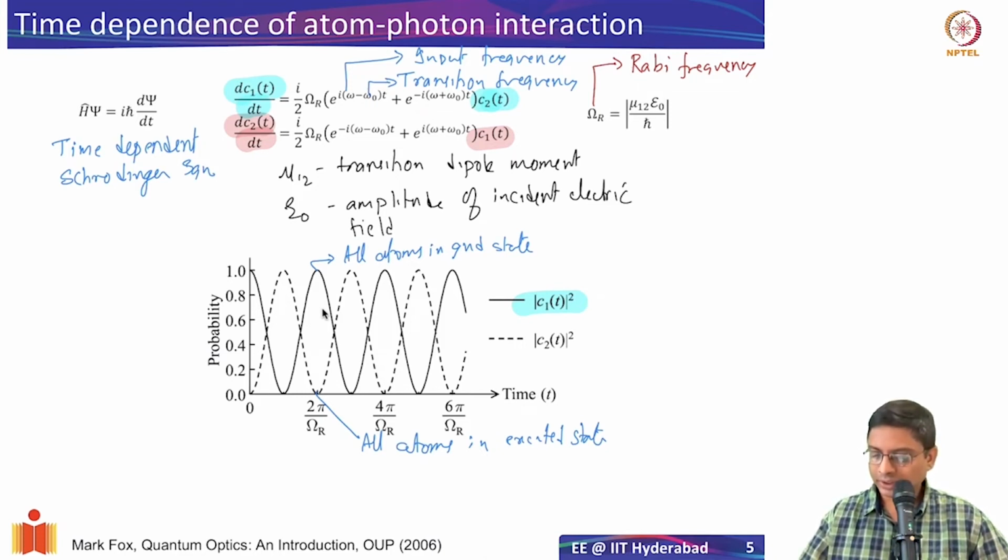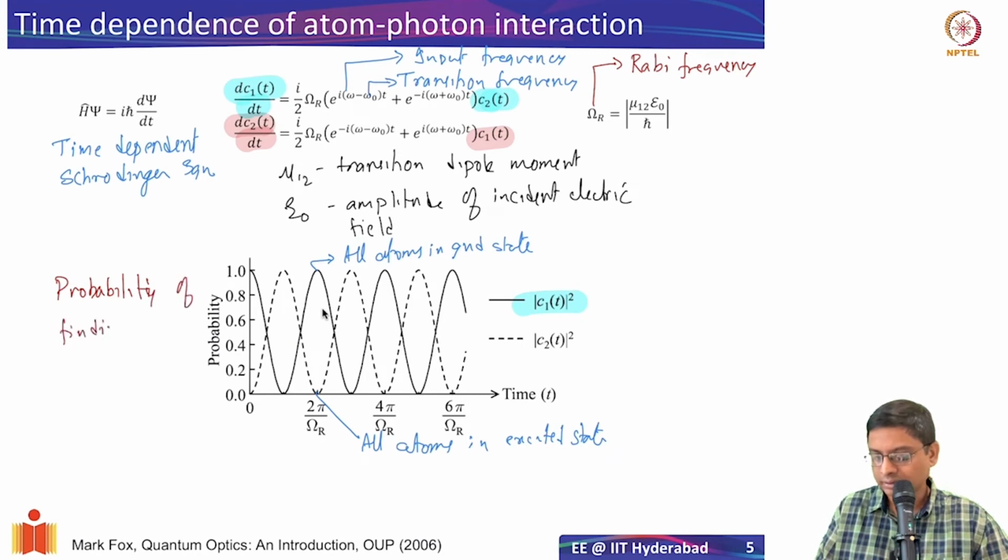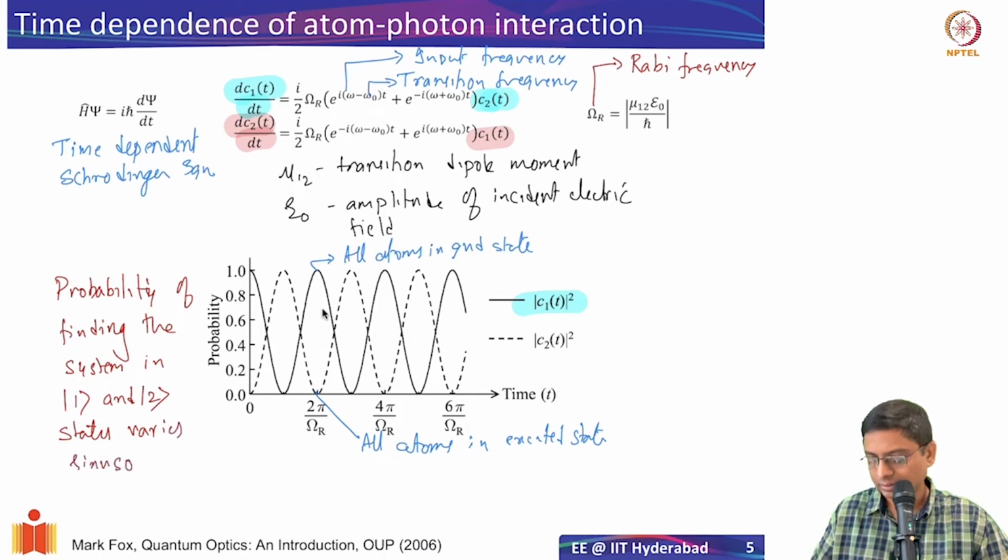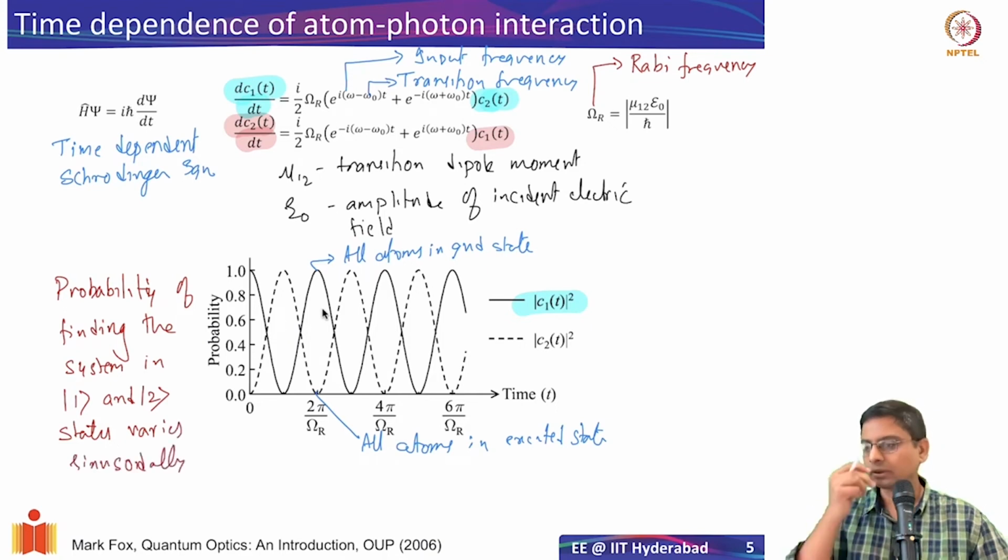And so what we are noticing is, as you apply a light pulse, the probabilities of finding the system in states 1 and 2 vary sinusoidally.